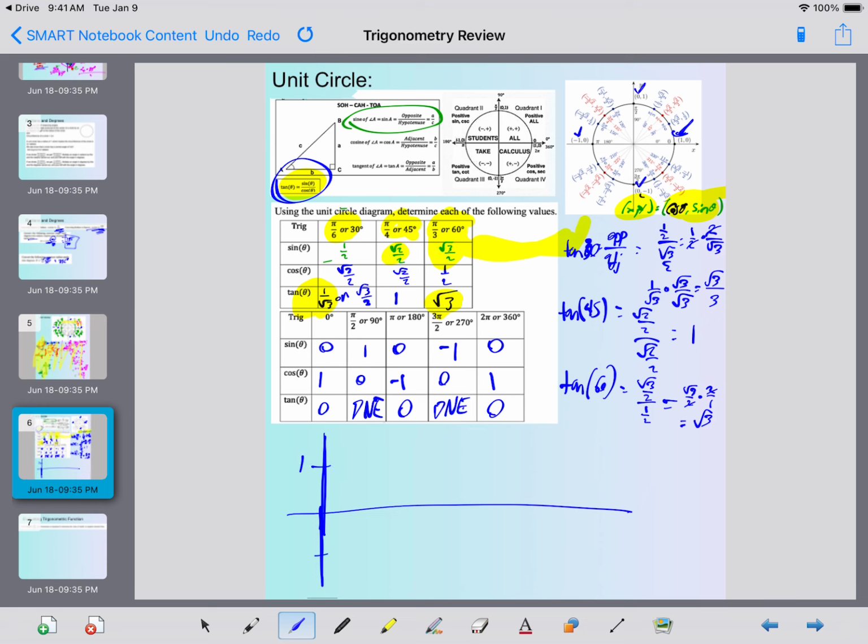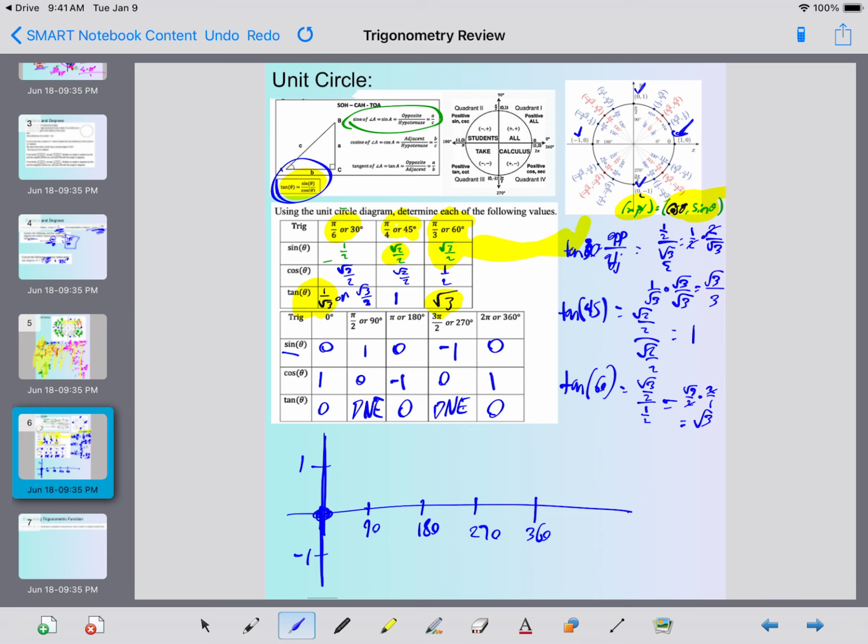So 1, -1, these are your basic trig functions. 0, 90 degrees, 180 degrees, 270 degrees, 360. Sine of 0 is 0, we said.